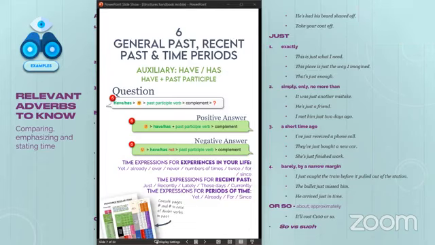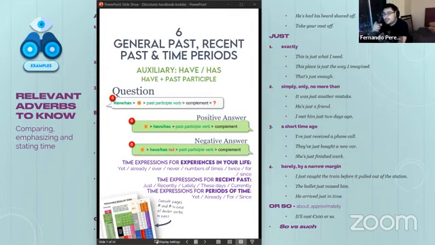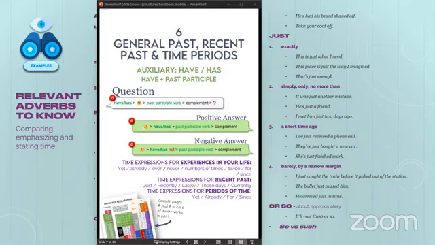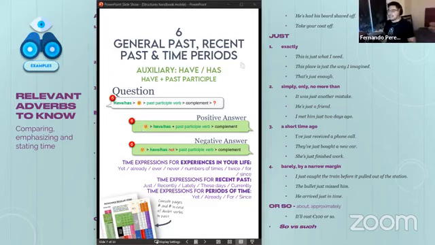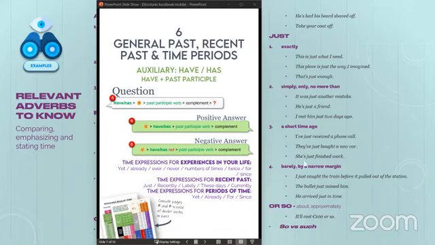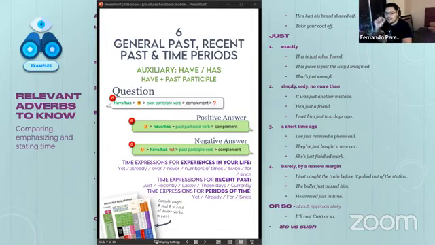So when you say she's just finished work, this is structure number 6 to say she turned off the laptop a few seconds ago and she's preparing coffee now. It happened a very, very short time ago.